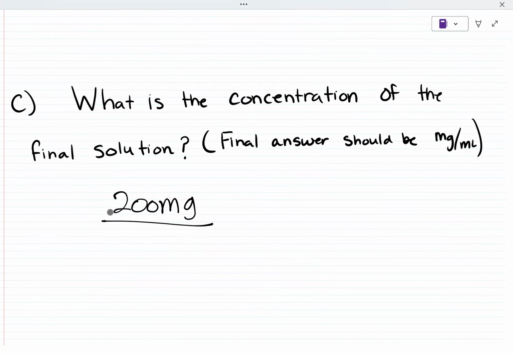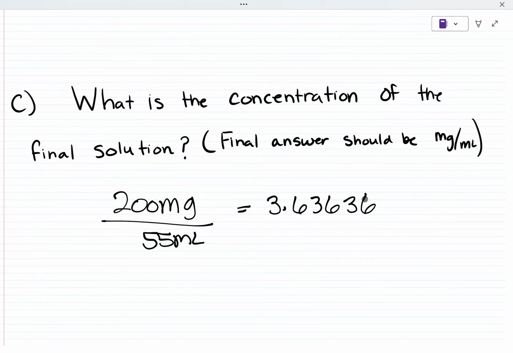The total milliliters administered is 55 milliliters. So that's right, because our final answer is in milligrams per milliliter, and 200 divided by 55 is 3.63636.